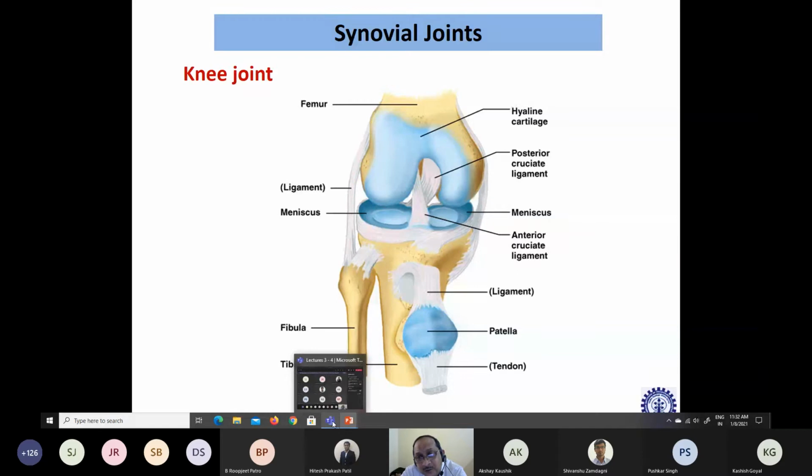The cartilage, the hyaline articulating cartilage, is a very smooth and shiny surface for a normal person, particularly for young people like you in the age group.